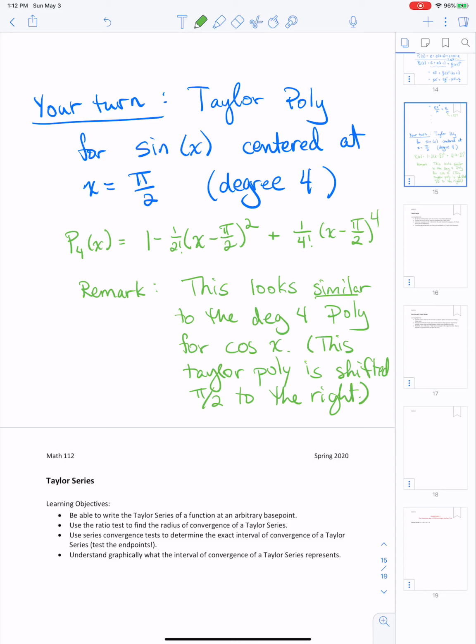So this is because sine x is equal to cosine of x minus pi over 2.